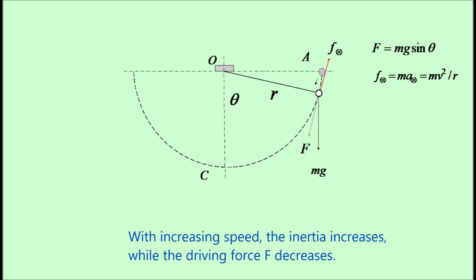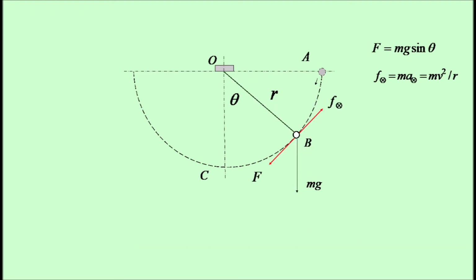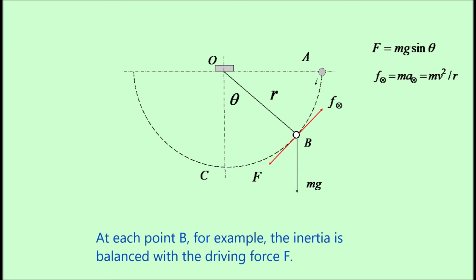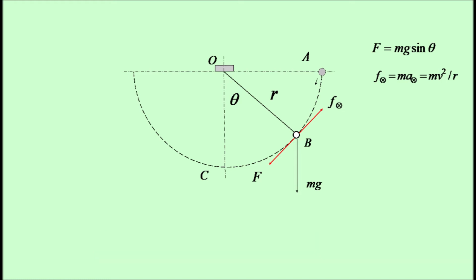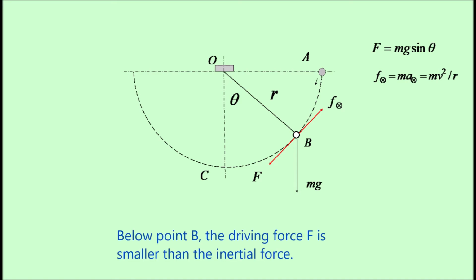With increasing speed, the inertia increases, while the driving force F decreases. At each point B, for example, the inertia is balanced with the driving force F.